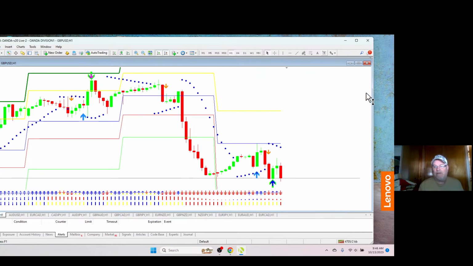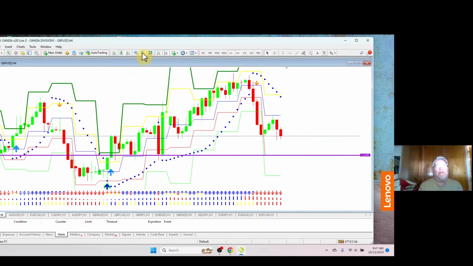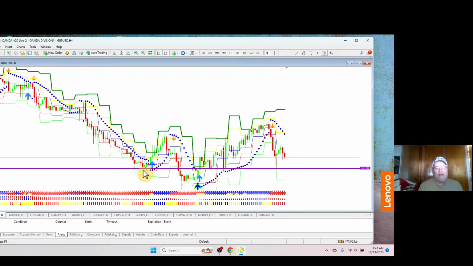Which should be pound dollar. I think what I showed, the purple, well, there it is. I think that's a magnet right there, that's a yearly pivot. So let's squeeze this in, put it on a 4 hour, make it better, we can see them all. Let's see how it bounced off, hit it, touched it, drove up, closed below it over 100 pips, came back up, closed above it, touched it, went up pretty good bit, came back, touched it, went up a lot higher.